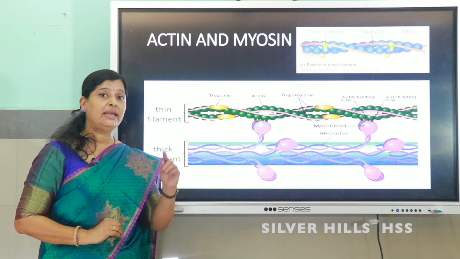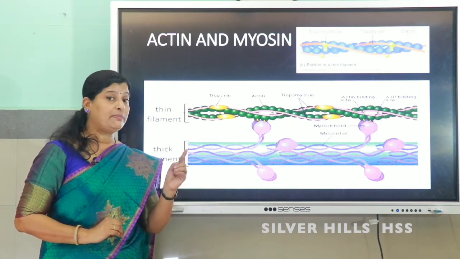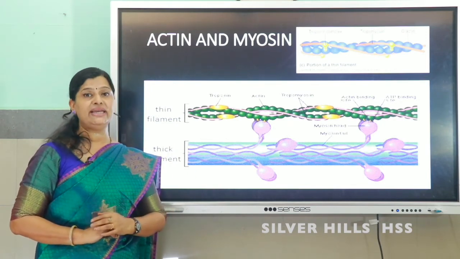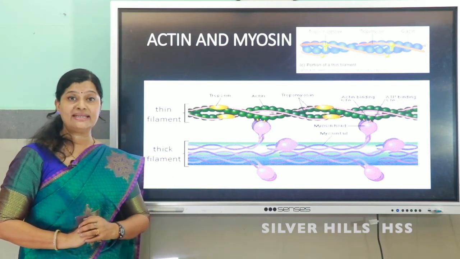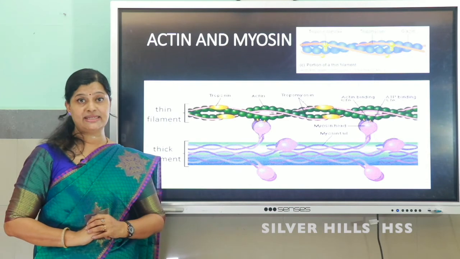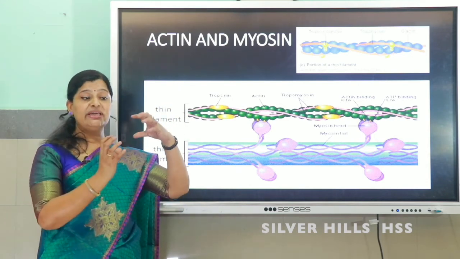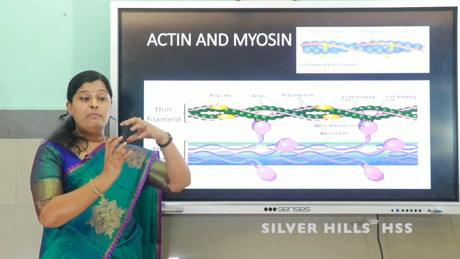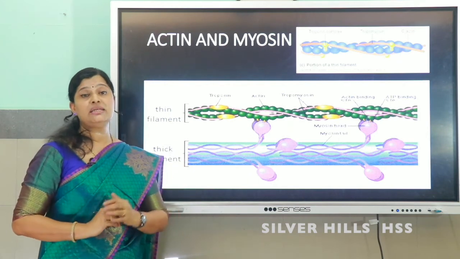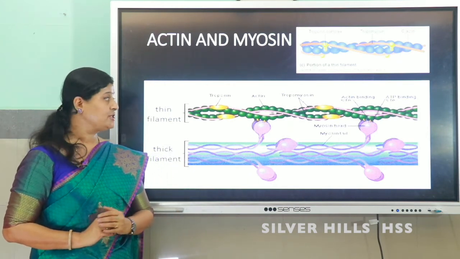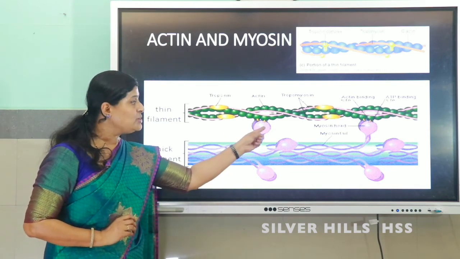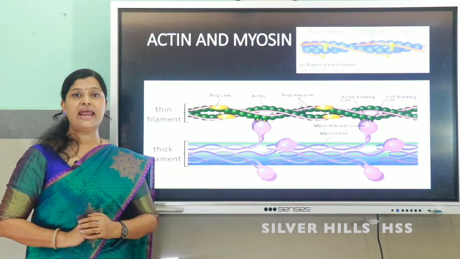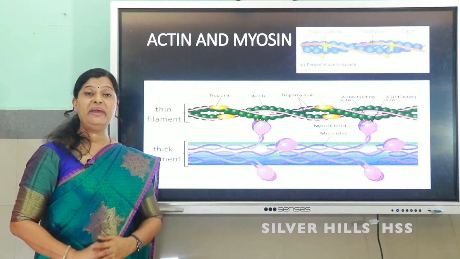I told you that actin protein has a myosin binding site. In the same way, the myosin protein has an actin binding site. So actin and myosin will get bound, and that is how the muscle contracts. It also has, at the head region, another site, an ATP binding site.